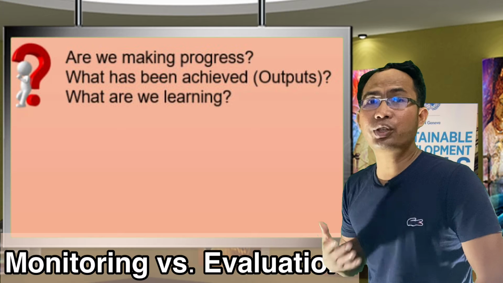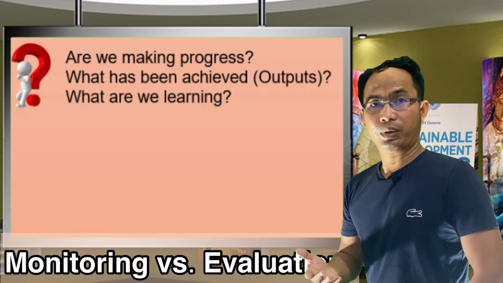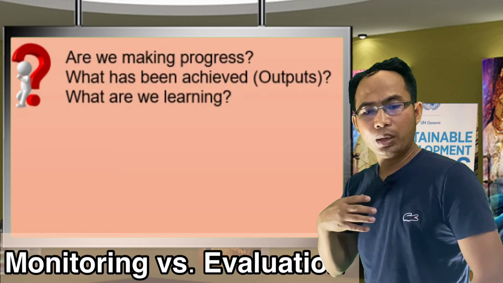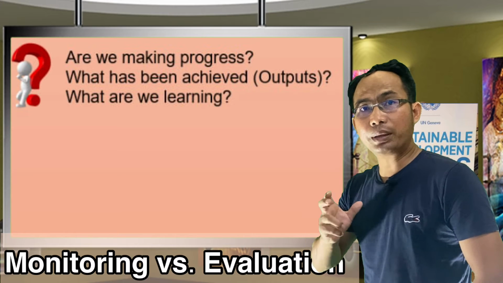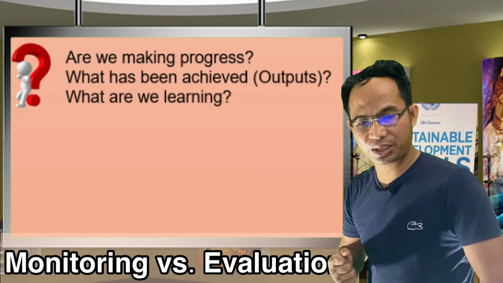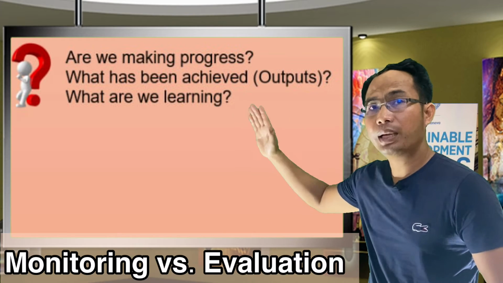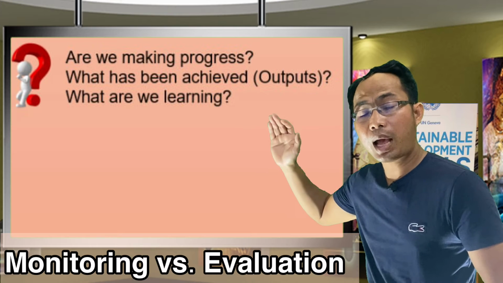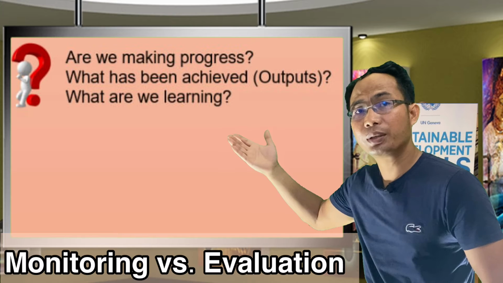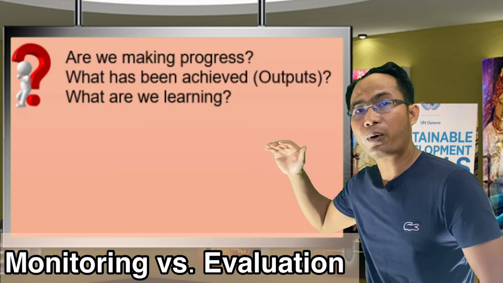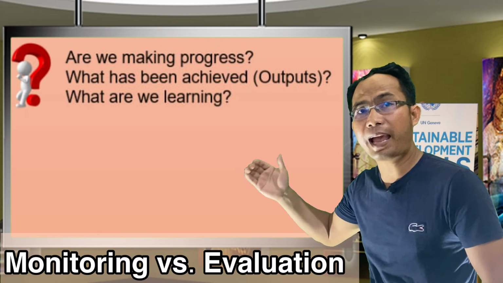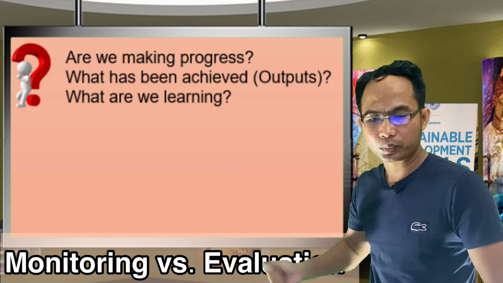Then from month to month, quarter to quarter, we need to track and monitor that progress. Be clear here, when I say progress, I'm not talking about the progress of the change or of outcomes or impact, just the progress of activity implementation.